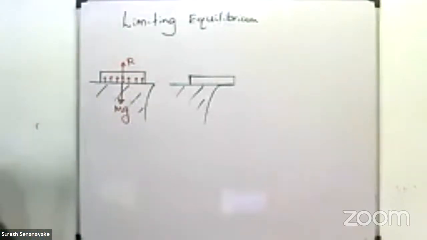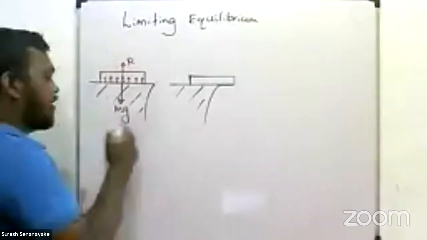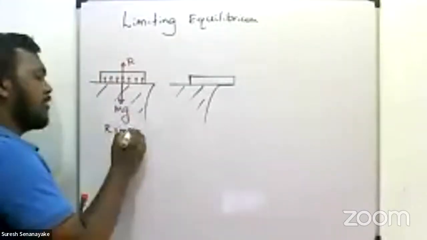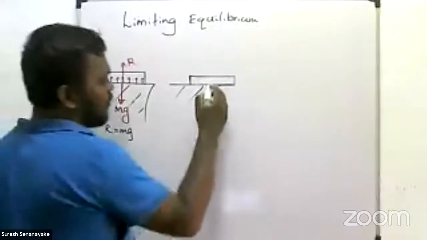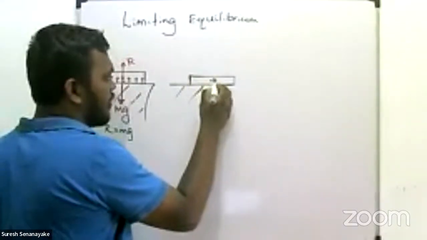So when it is in equilibrium, R equals mg, that's why it is in equilibrium. Here the weight acts on the center of gravity.